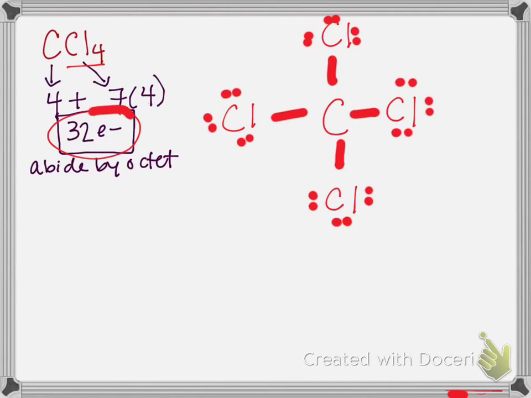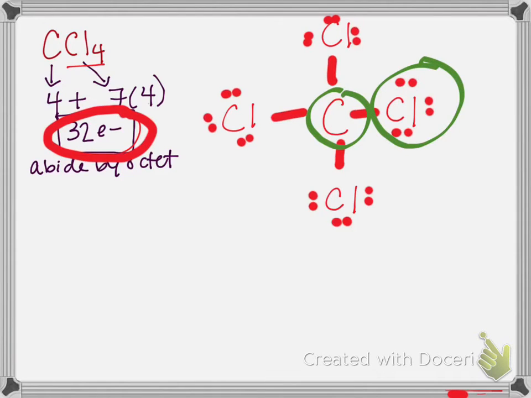And just like that, I have abided by the 32 electrons that should be in this structure. And looking at each atom, carbon has an octet, chlorine has an octet, this chlorine has an octet, 2, 4, 6, 8. Everybody has an octet. So we are sitting really pretty right now.